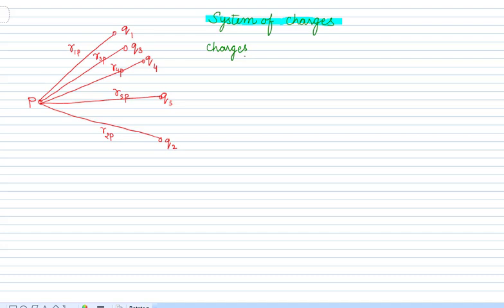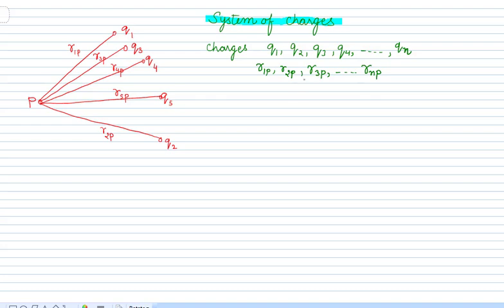So we have taken a system of charges, Q1, Q2, Q3, Q4, Q5, and in a similar way up to n number of charges Qn, and their position vectors are given as R1P, R2P. Position vector means the distance of these charges from the point P we have taken. So this is R3P, and this will be RnP.